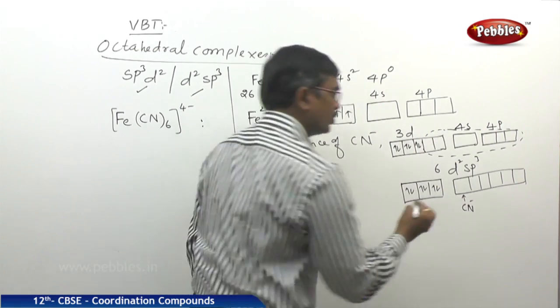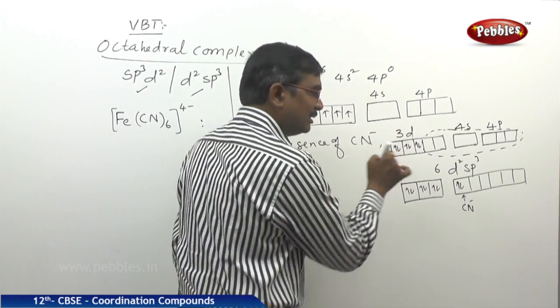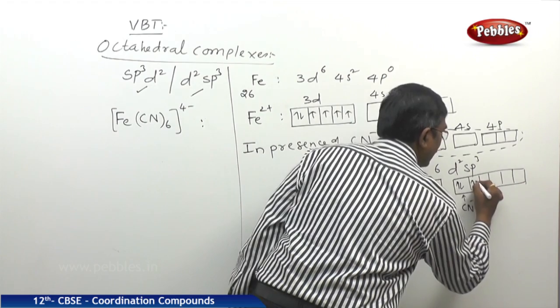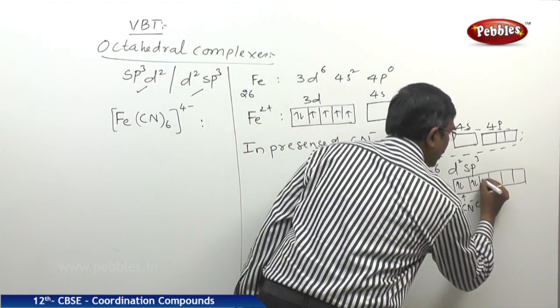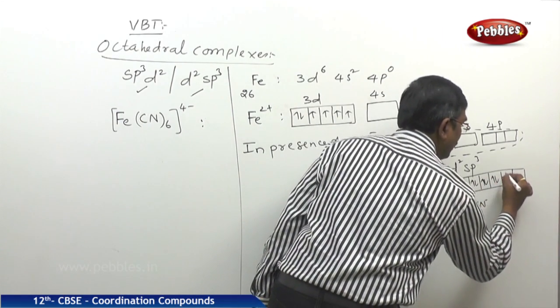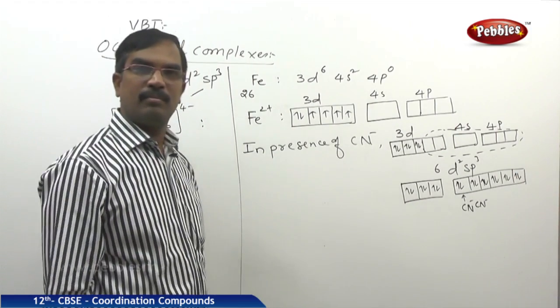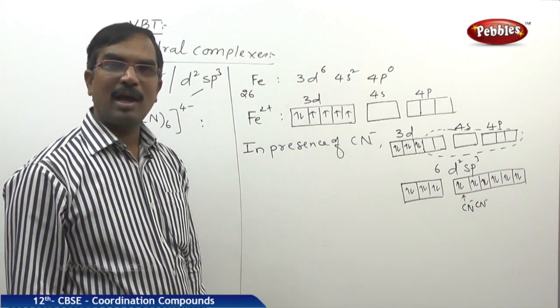We can see here 1 electron pair donated by the CN minus. Another CN minus is also able to donate an electron pair. This is a second coordinate covalent bond, and the next one will provide the third one, then the fourth, the fifth and the sixth. This is how we get the corresponding complexes.